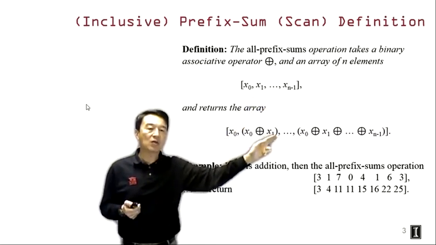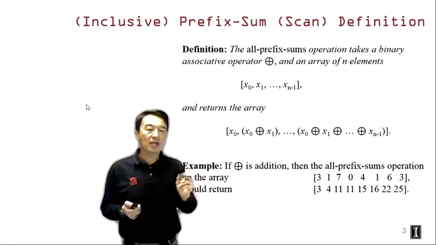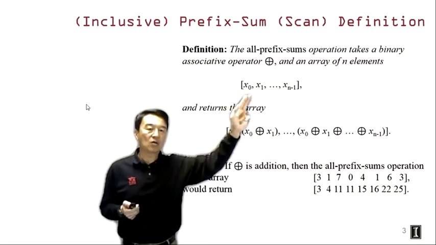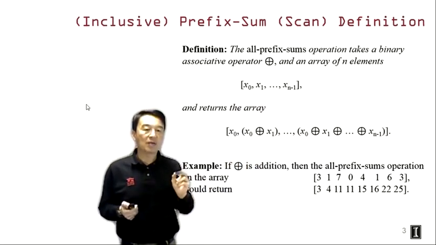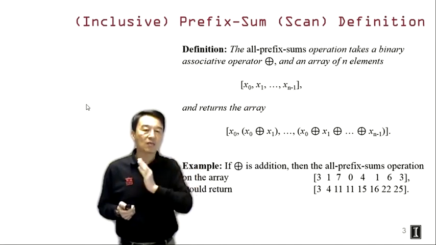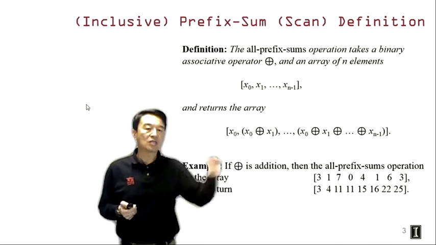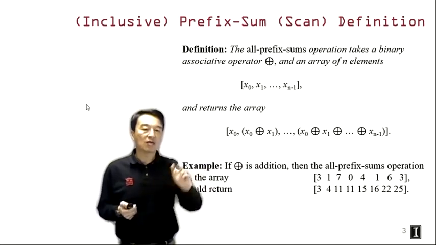For the last one, it is the application of the operator to all the elements in the input sequence. So this is a cumulative application of that operator to all the elements up to the current position in the output array.